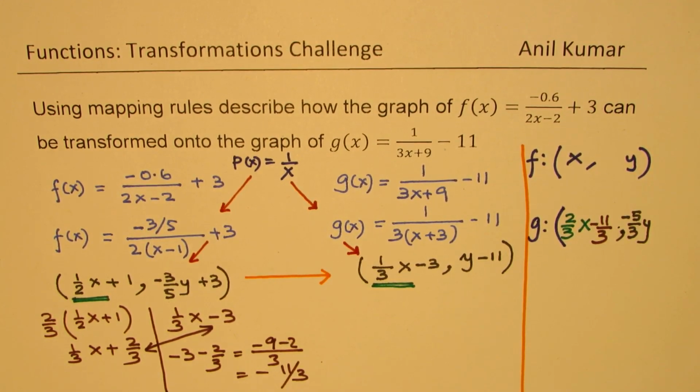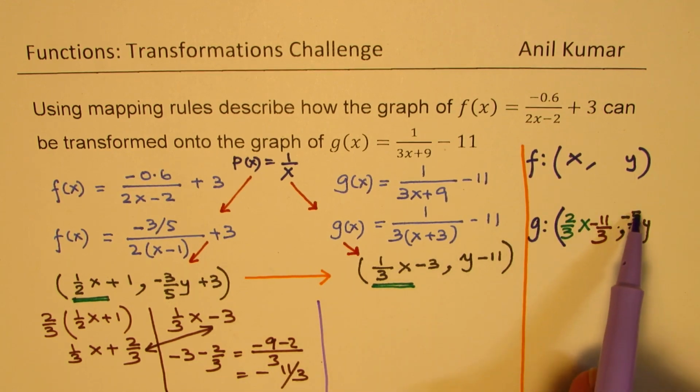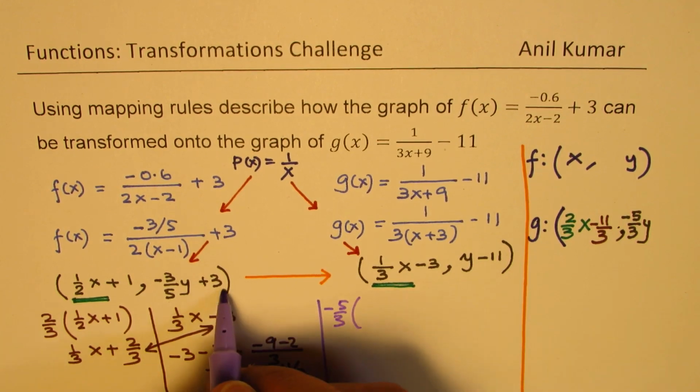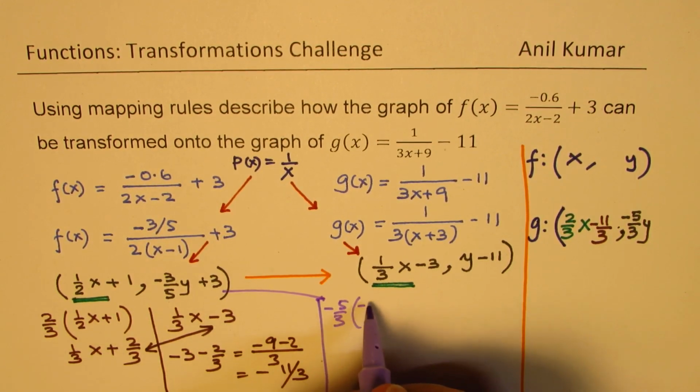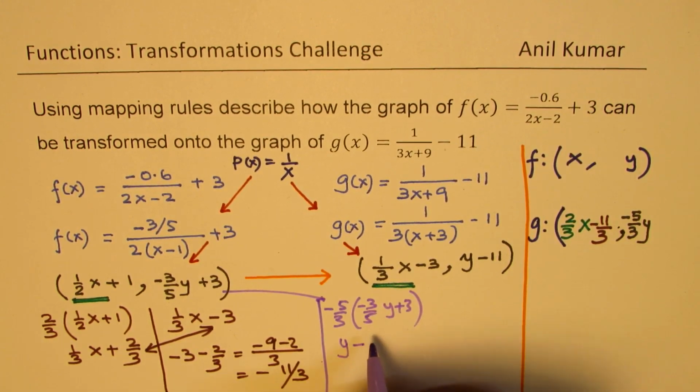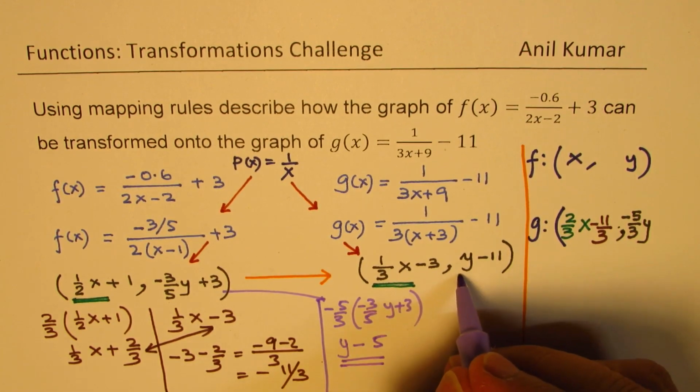Perfect. Now we are going to do exactly the same thing for the vertical. In the vertical part, you see we have -3/5y plus 3 here. We multiplied by -5/3. So if I multiply this term, -3/5y plus 3, by -5/3, what do I get? I actually get y minus 5, since the 3 and 3 cancel. And what do we have here?